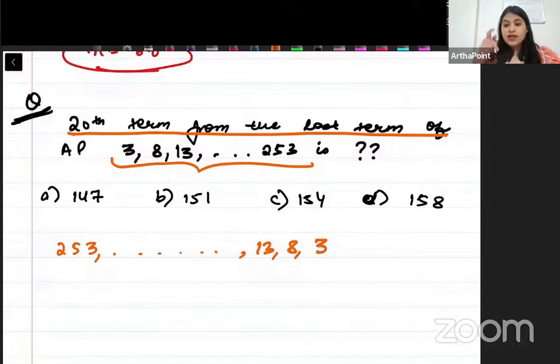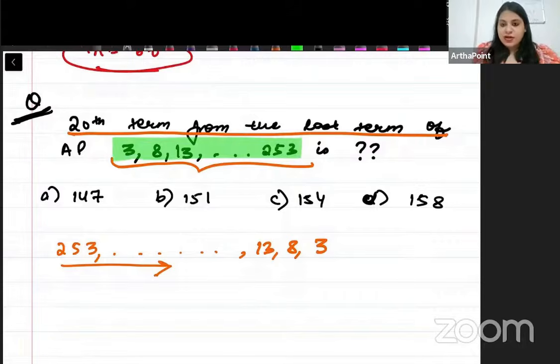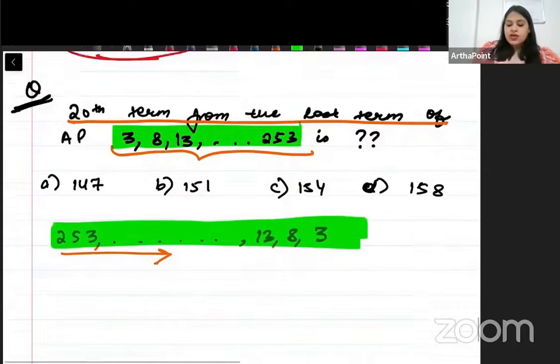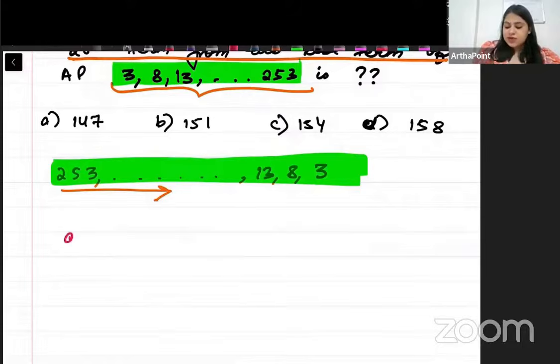Now, instead of finding the 20th term from the last, I can find the 20th term from the first because I have reversed the AP. So now the first term will be 253.